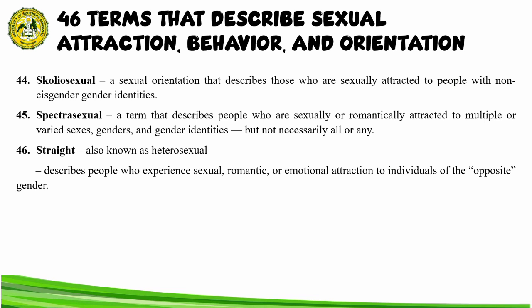It is important to note that new terms related to sexual orientation and identities may emerge over time as our understanding of human sexuality and gender diversity evolves. So, spectrosexual is a term that describes people who are sexually or romantically attracted to people of varied sexes, genders, and gender identities, but not necessarily all or any.